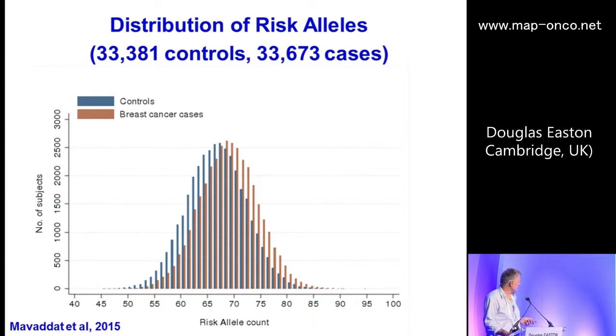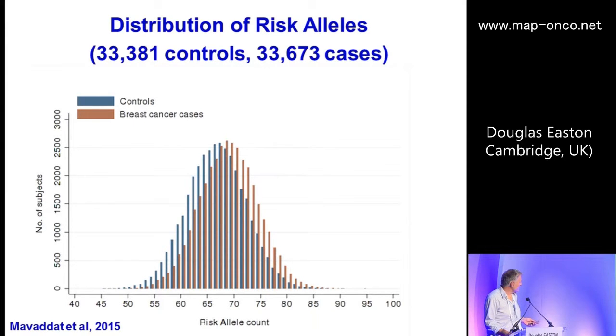That's illustrated here. These blue bars show the distribution of the number of risk alleles that people in the population carry. At this stage, based on 77 risk variants, on average, women in the population carry about 70 risk variants, but some carry a lot more and some carry a lot less. You get this nice normal distribution of risk variants.